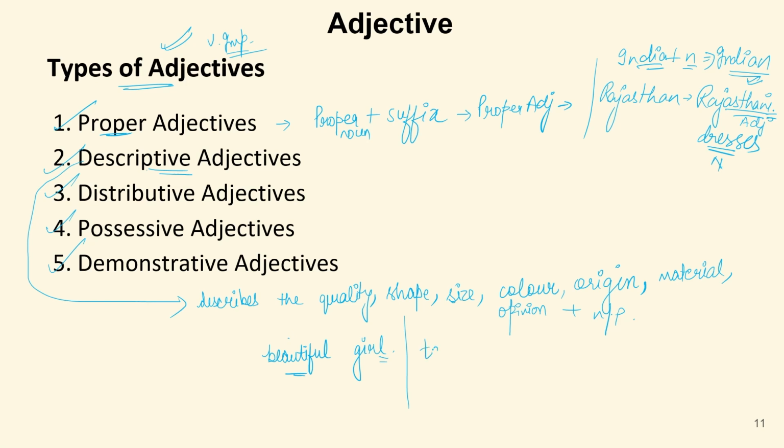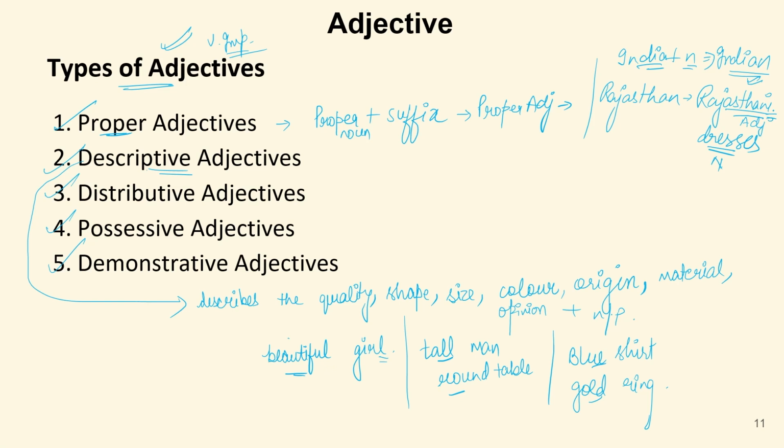If I say tall man, if I say round table, if I say blue shirt, if I say huge elephant, or if I say gold ring, all these are called descriptive adjectives.